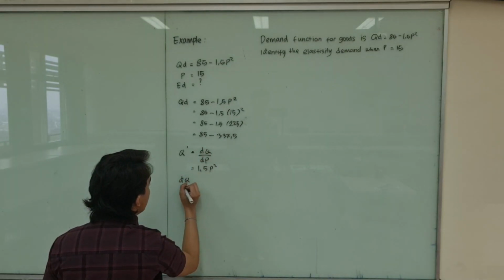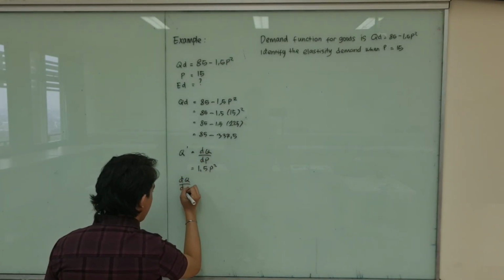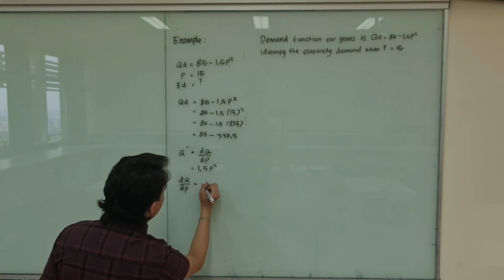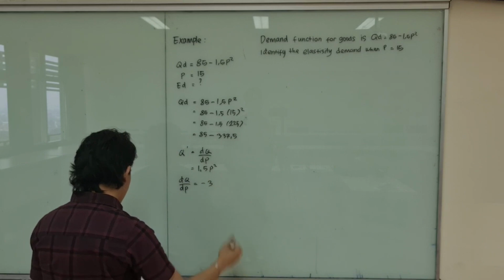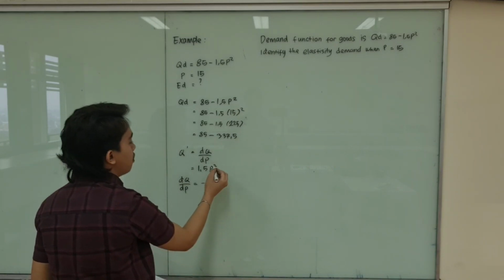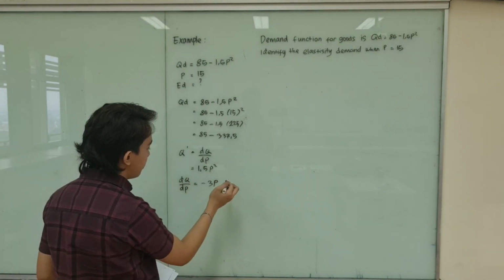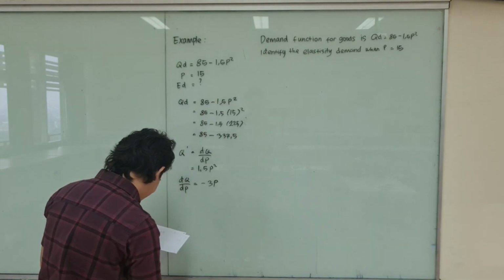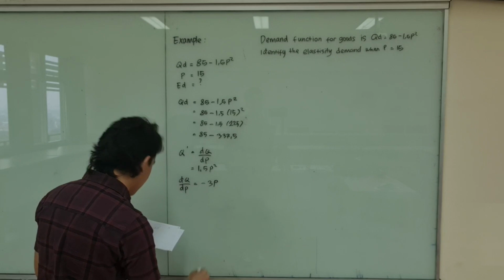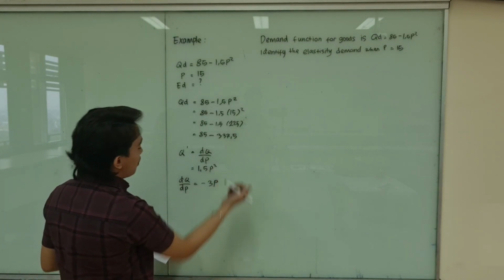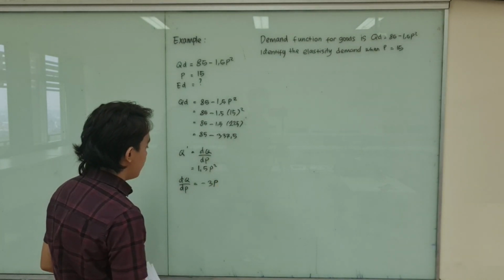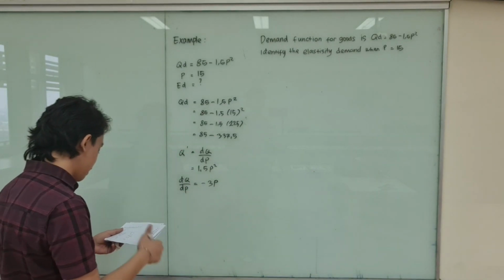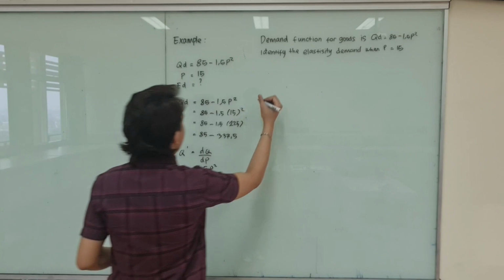The derivative of Q with respect to the price is minus 3. 2 times 1.5 is 3, and the result is minus 3P.